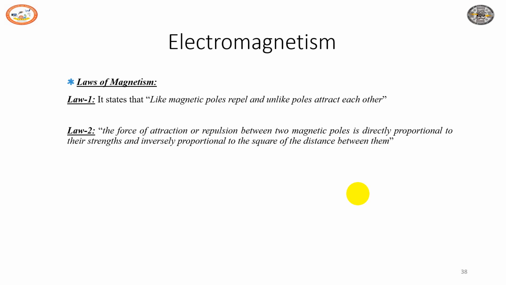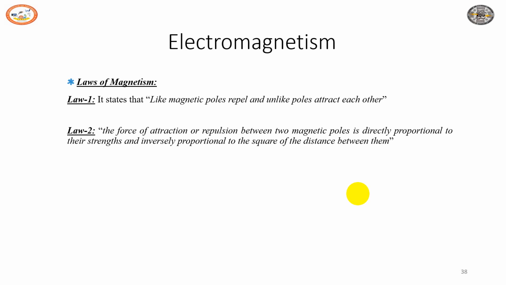Materials such as iron, cobalt, nickel, and other alloys are magnetic materials. When bars of such materials are wound with a coil and current is passed through them, just like a solenoid, where you apply a voltage and the current flows, they become electromagnets.